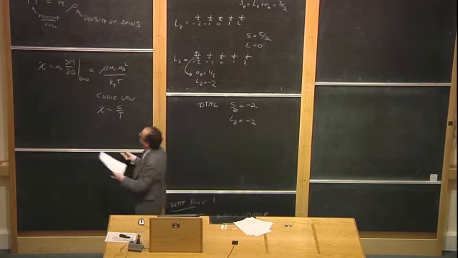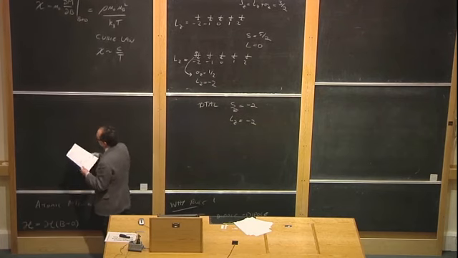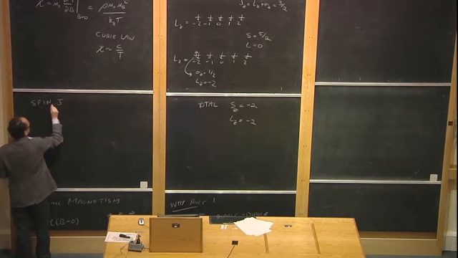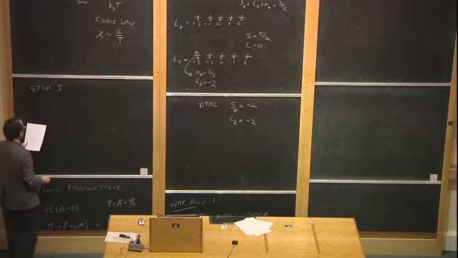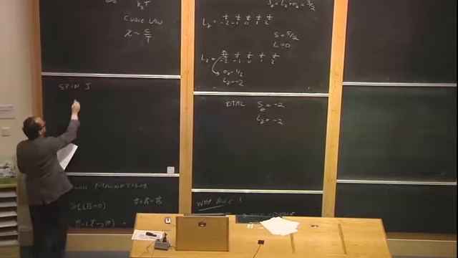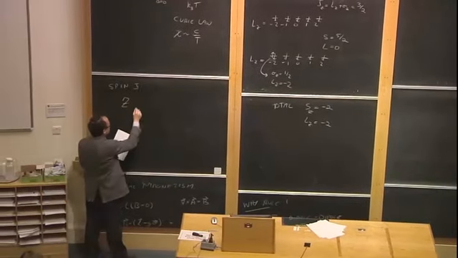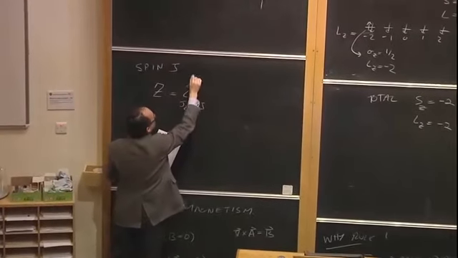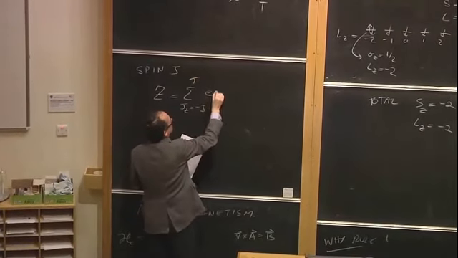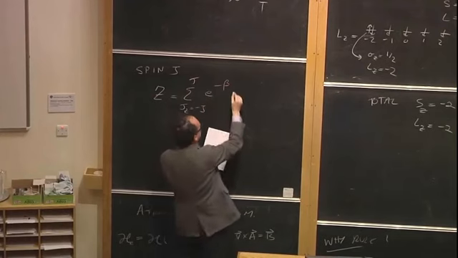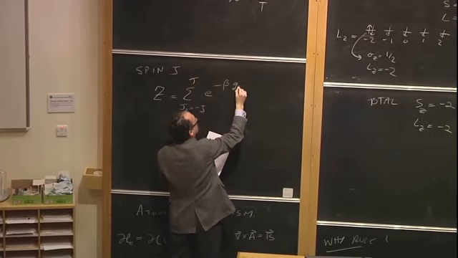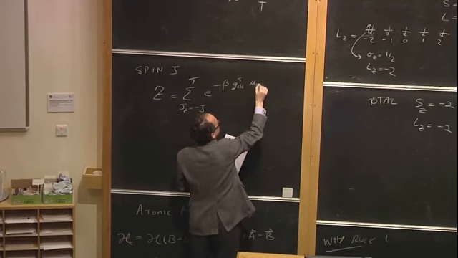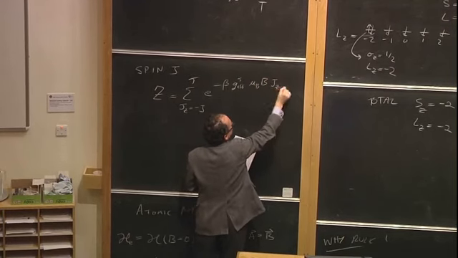Now, more generally than this simple spin 1/2 calculation, for spin j in general, we follow the same story, except we start with a partition function, which is the sum over jz equals minus j to plus j, e to the minus beta, the energy of the spin in state j, which is g effective for j, then mu_B B jz.